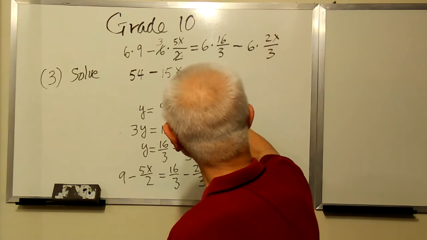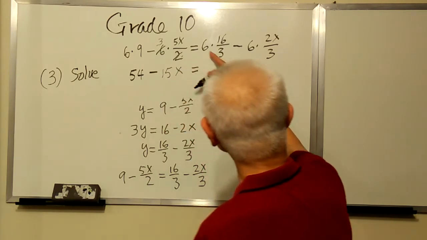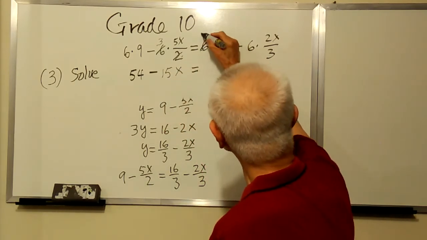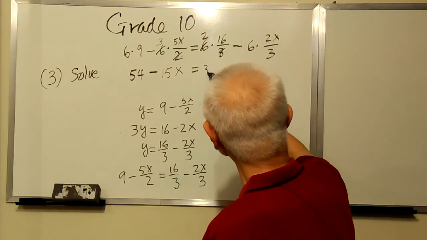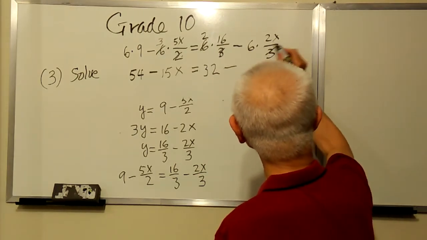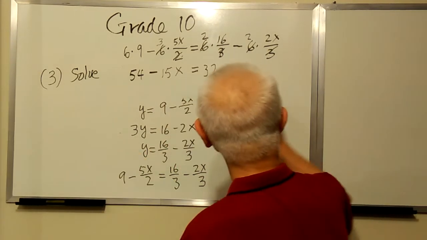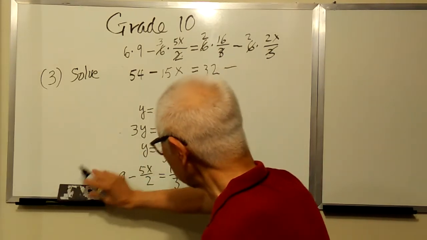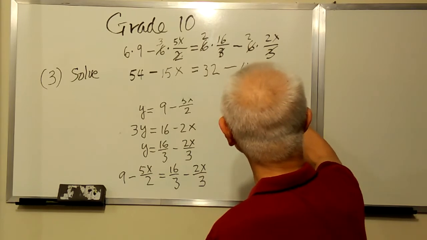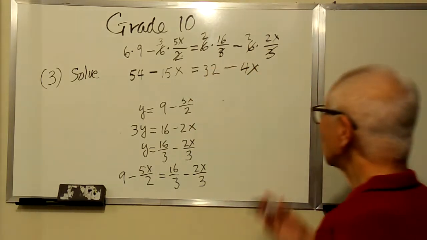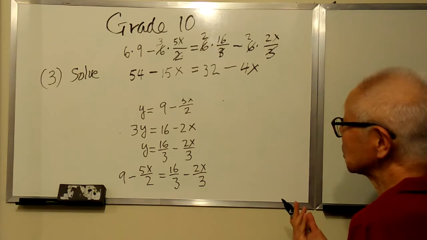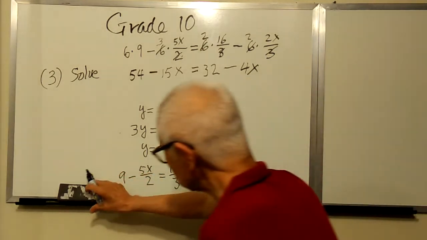Remember, always reduce. 3 and 6 is 2. 2 times 16 is 32. 3 and 6 is 2, so minus 4x. Now, you don't have any fractions, so it's easier to do.